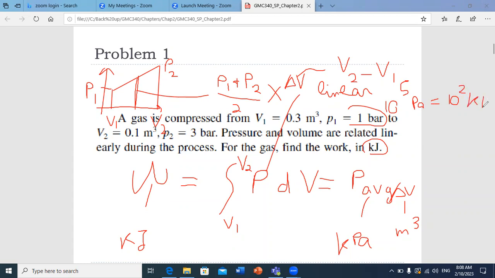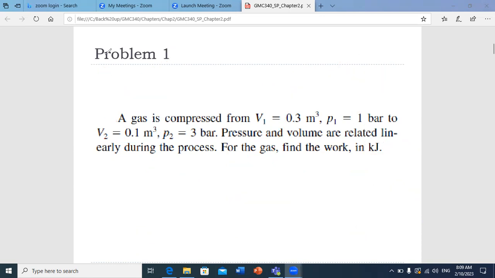Then it is just a replacement in the formula to find the value of the work. Since your volume is decreasing, V1 is 0.3 and V2 is 0.1, you will get a negative work. And this means that we are putting work on the system. Any question on this problem?